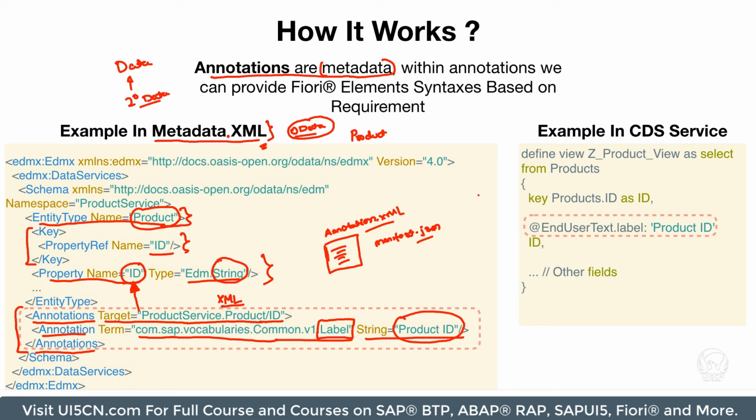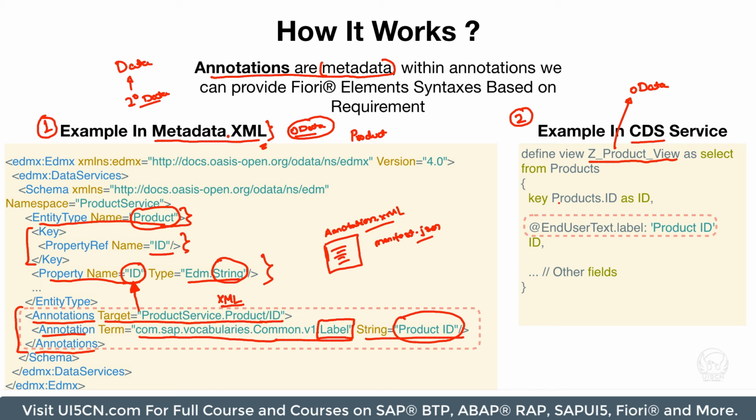Okay, so there is also a second way. This was the first way, where we are using the XML notation to define annotations. Now there is a second way by which you can add annotation to your data, and this is with the CDS services. You have this CDS view where we have z underscore product underscore view. If I want to expose this CDS view, it can be exposed as an oData based service.